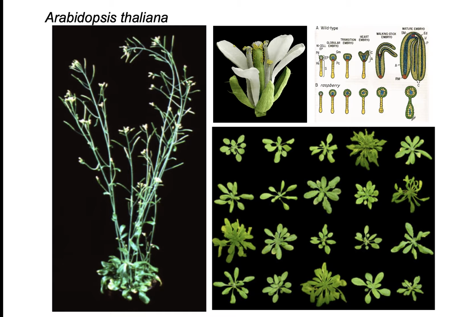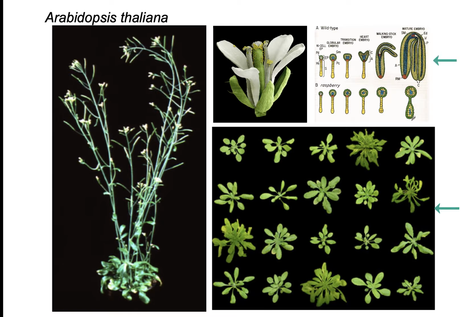Just as with animals, Drosophila is a model organism, in plants, Arabidopsis thaliana is a model organism. So here is the little plant. It's a little crucifer, a tiny little plant that grows fast, goes through its life cycle very fast. There's a flower up in the middle, and then some of the mutants of Arabidopsis are shown on the lower right.